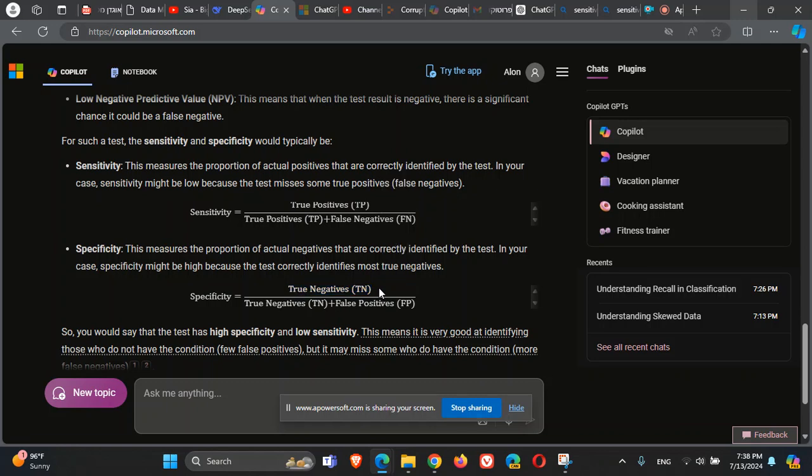Since specificity takes the true negatives and wants to maximize them, it divides by true negatives plus false positives, namely all the negatives in the data, and calculates how many of the true negatives the test identifies out of the negatives in total in the data.